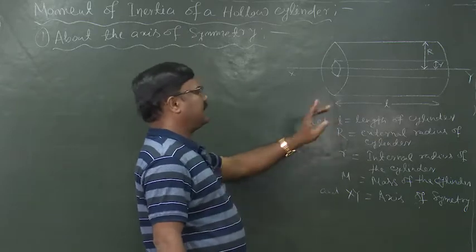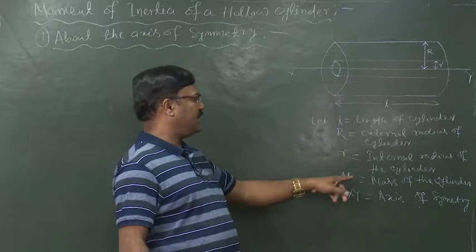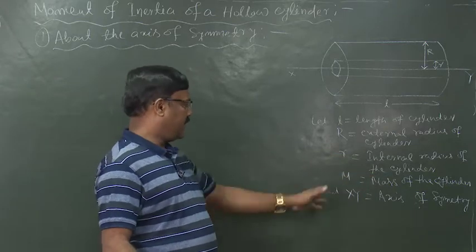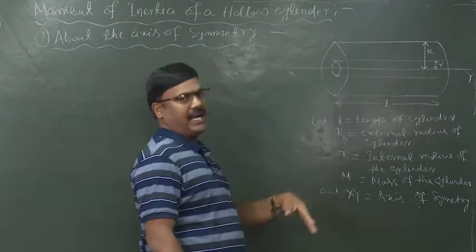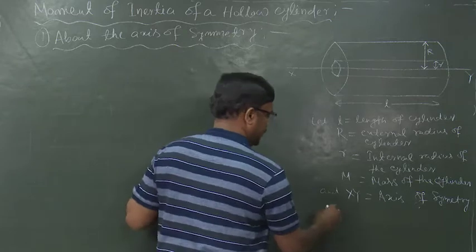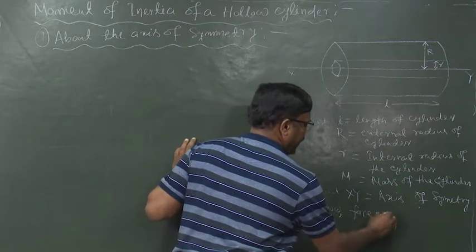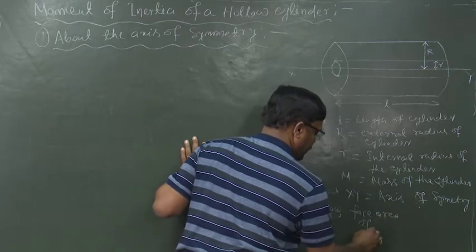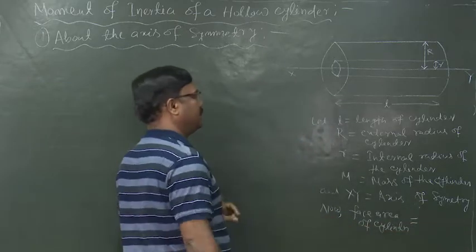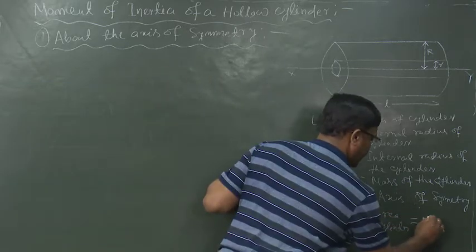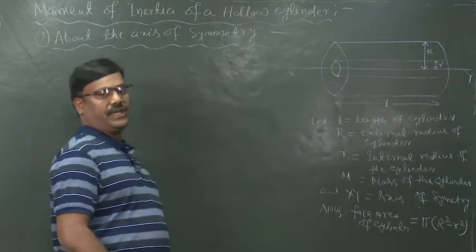Now, if L is the length, capital R is the external radius, small r is the internal radius, and M is the mass of the cylinder, then the face area of the cylinder is equal to pi times capital R square minus small r square.